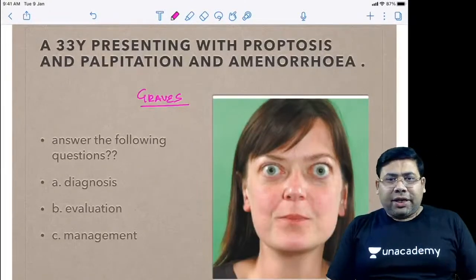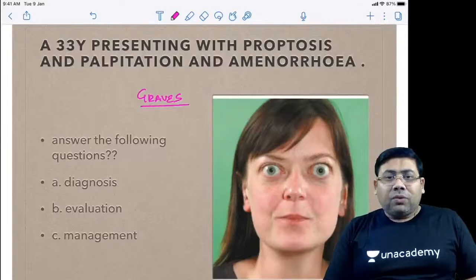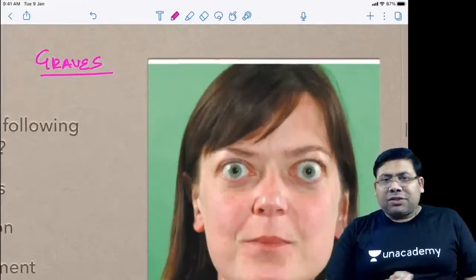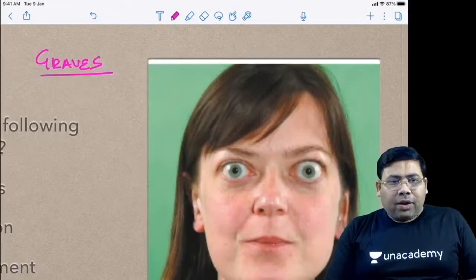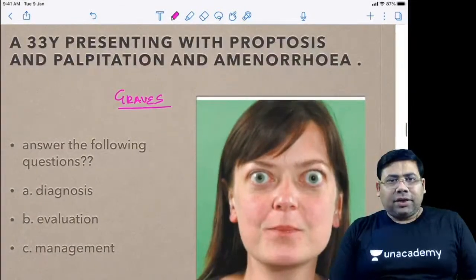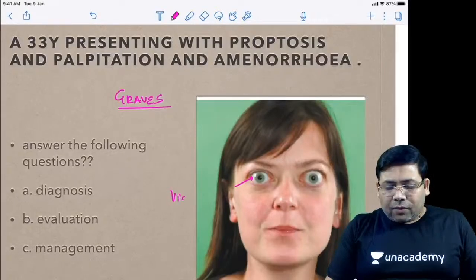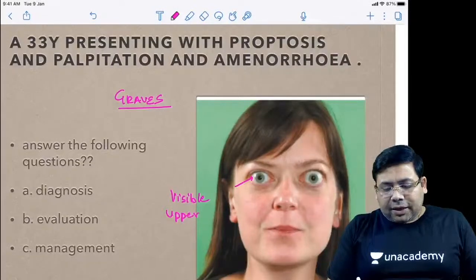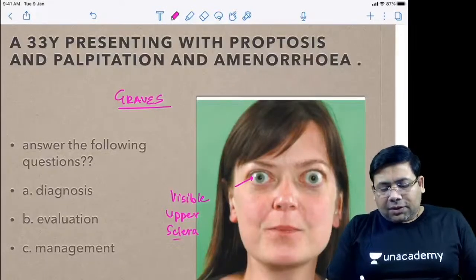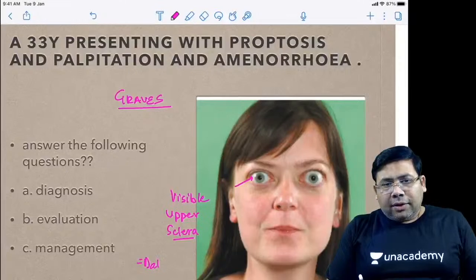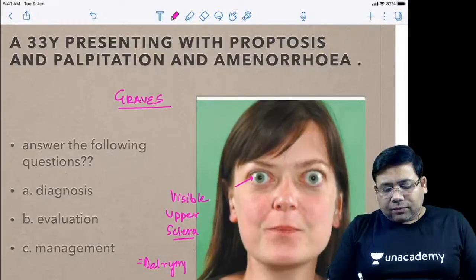Now, if you see Graves, how can you identify? Proptosis is okay. Clinically, if you see, can you see the visible upper sclera? What is that known as? Dalrymple sign.